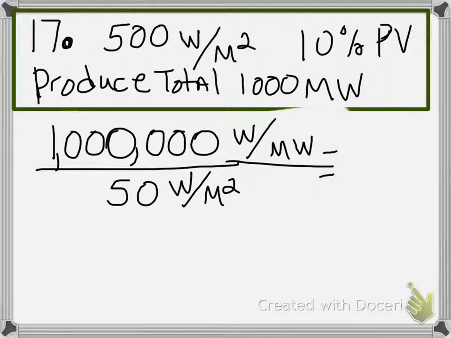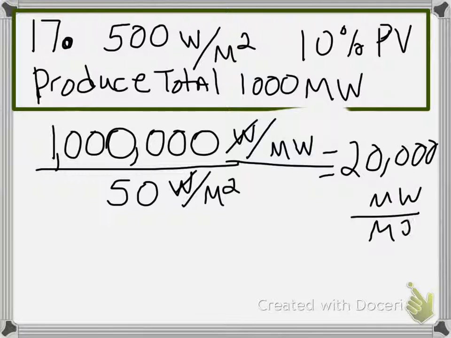Alright, so I have to change my watts to megawatts in the system. I'm going to take my 50 watts and divide it into 1,000,000 watts of energy, which comes out to be 20,000. And that is in the unit of megawatts per meter squared.